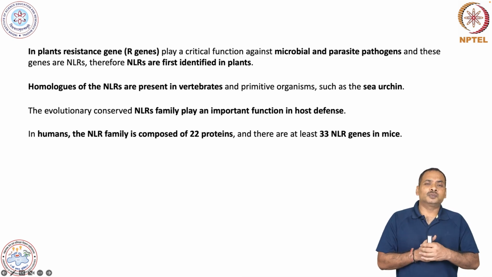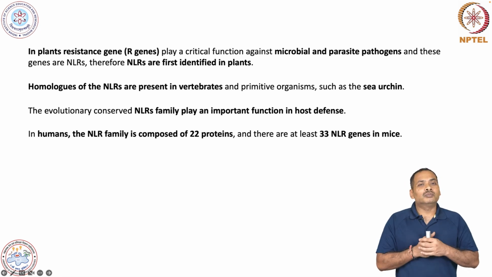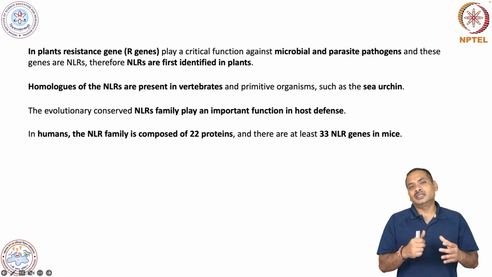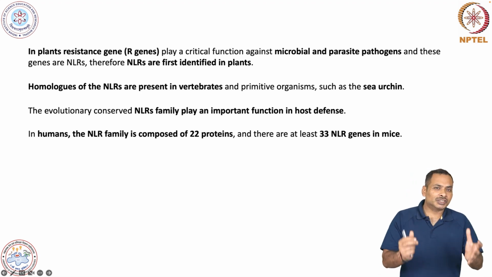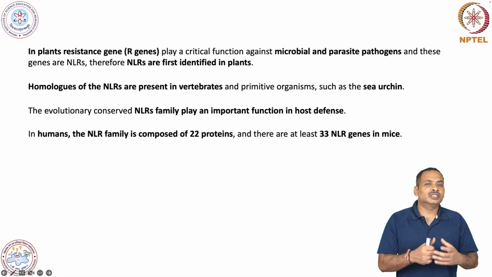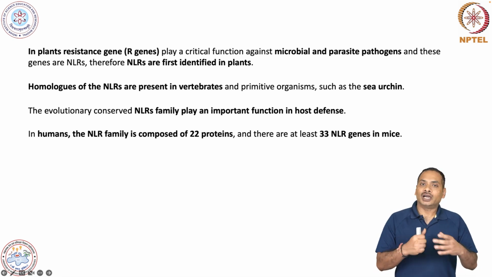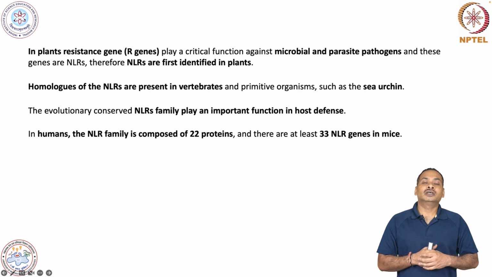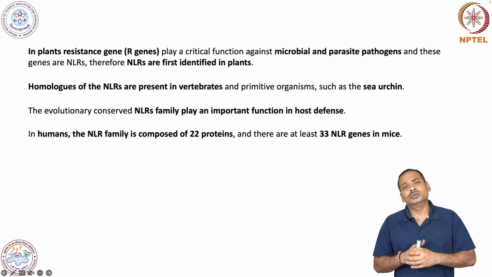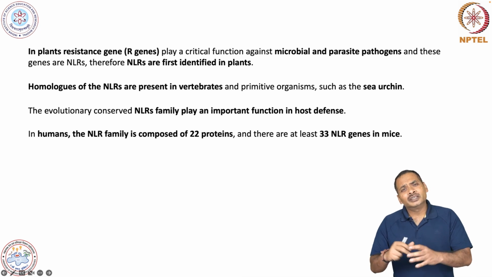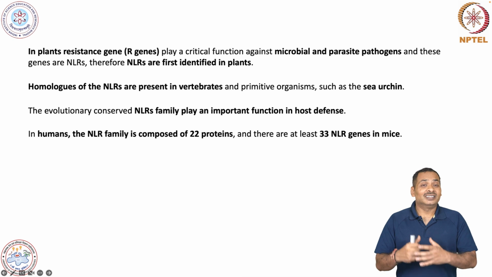Another group of proteins make a multi-protein complex, and they play an important role in production of one very important family of cytokines, which we call the IL-1 family cytokines, and they also play an important role in one or other types of cell death.